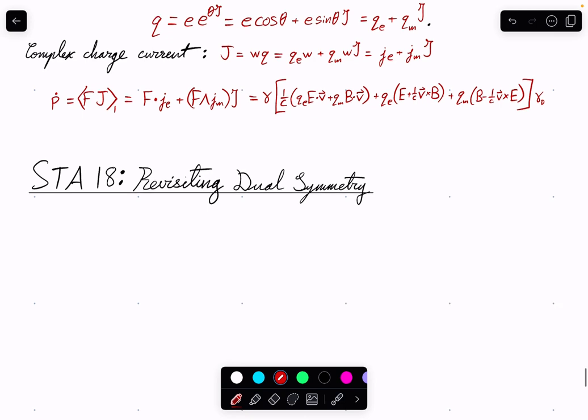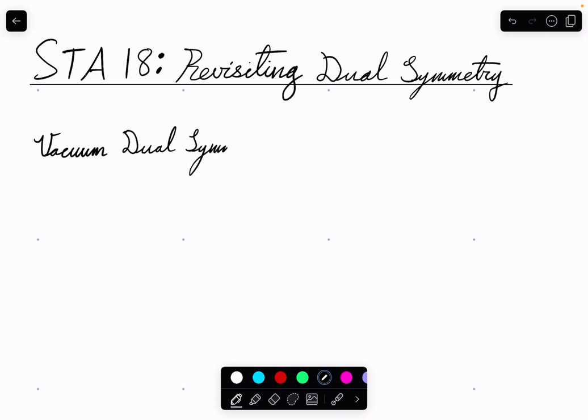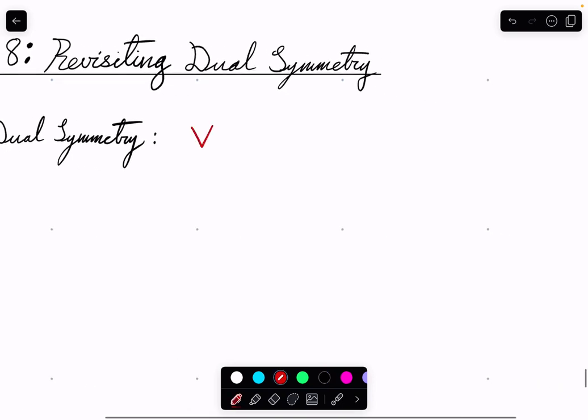Okay, now let's move on to dual symmetry. Recall what vacuum dual symmetry was: you had F equal to F times some phase factor.